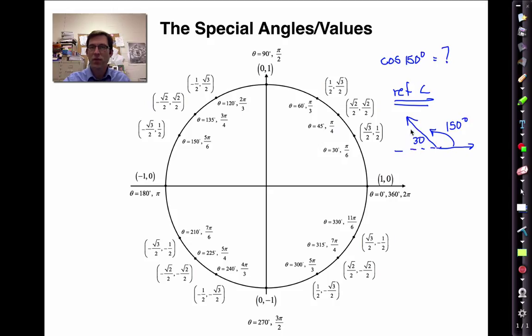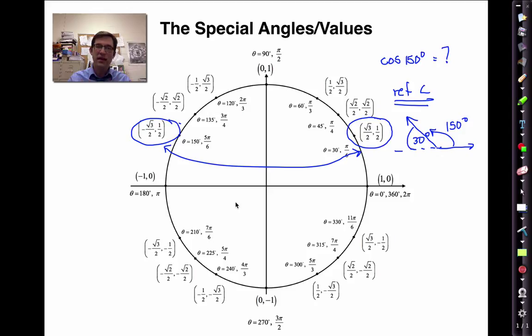Its reference angle would be 30 degrees. Take a look on the diagram really quick. Here's my 30-degree pair. Here's my 150-degree pair. Do you notice something about them? They're exactly the same, except the x-coordinate's negative, but the y-coordinates are the same.